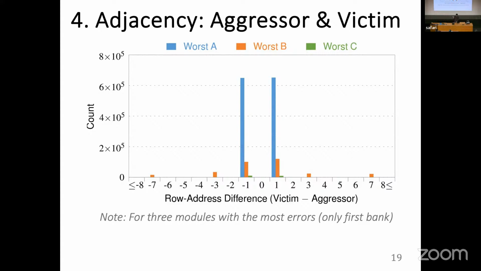Let's say our aggressor row is at row 0, and then we see the bitflips at row offset ±1, and those 2 rows have the most bitflips, which makes sense because they're the physically adjacent rows. But we also see some other rows that are not adjacent to the aggressor.